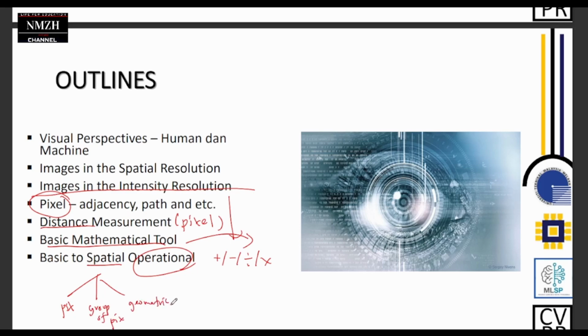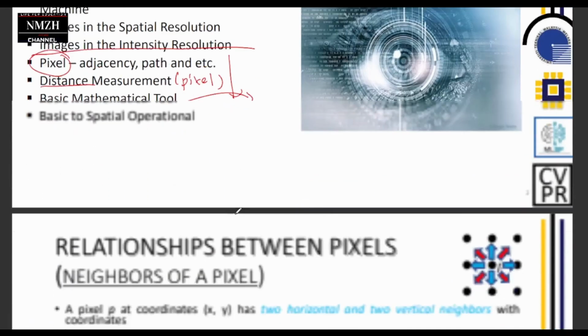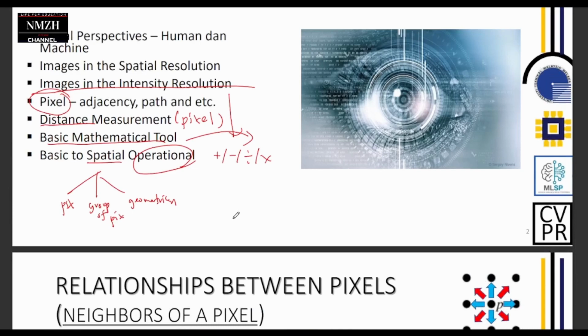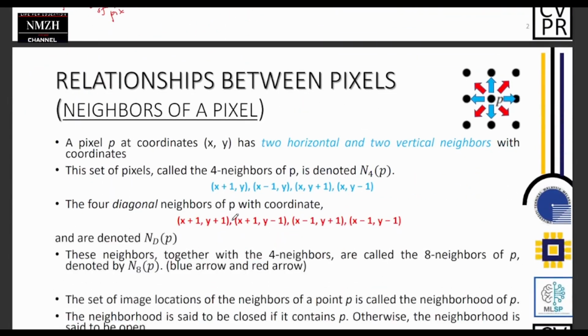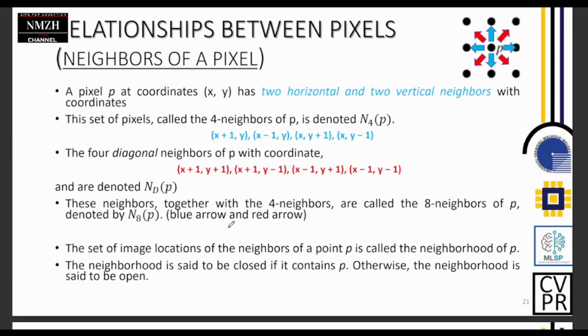Okay, all right. We jump straight to the first one, which is regarding the pixel. In this slide, we would like to introduce how pixels are coordinated from the top left corner of an image. Imagine that we have this.